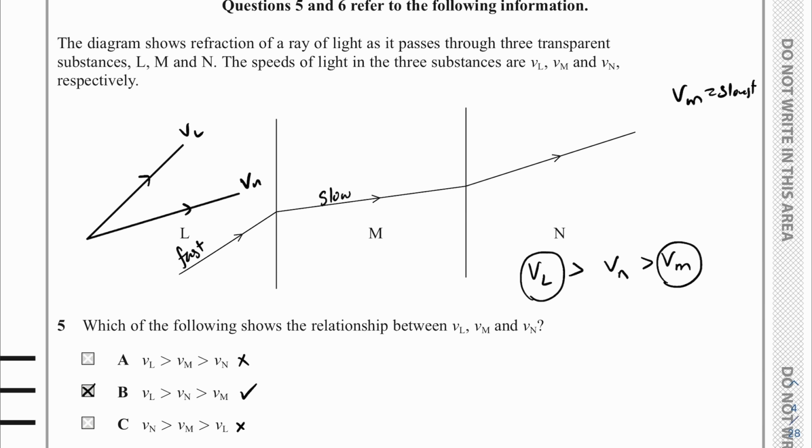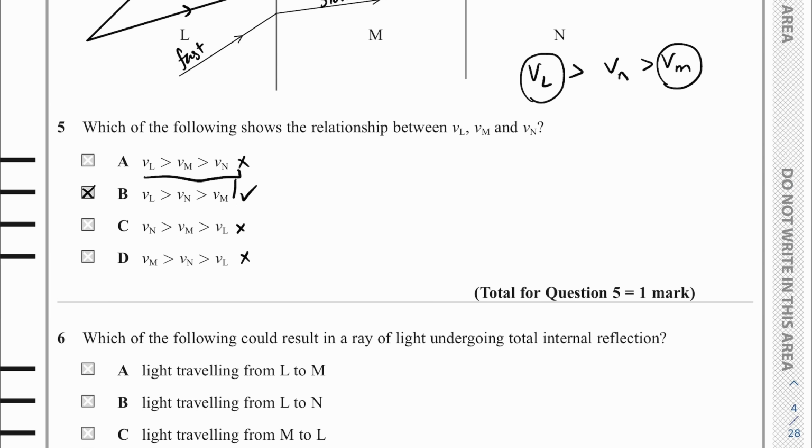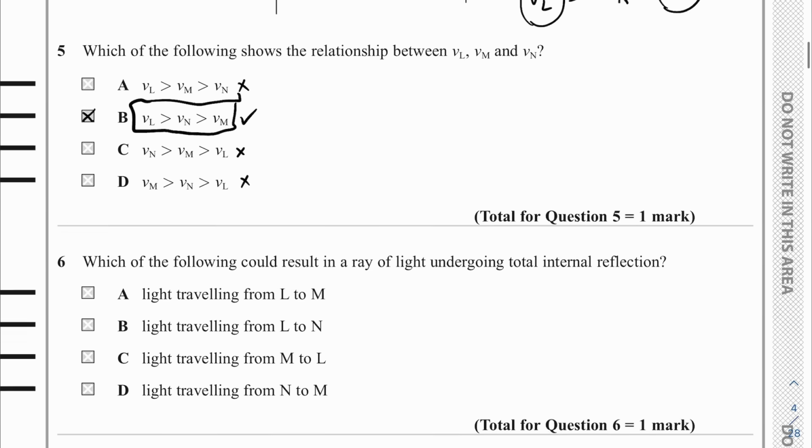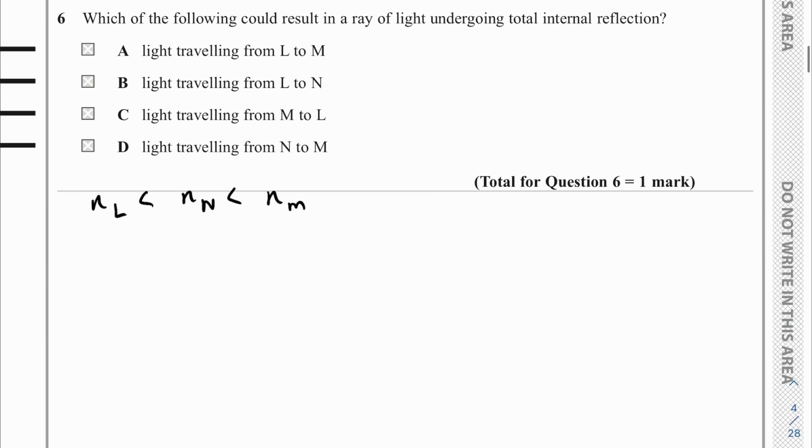So we know the velocities of L, M, and N, the mediums. We can now compare the refractive indices of L, N, and M. This is because we know n equals c over v, and since VL is the largest, n will be the smallest.